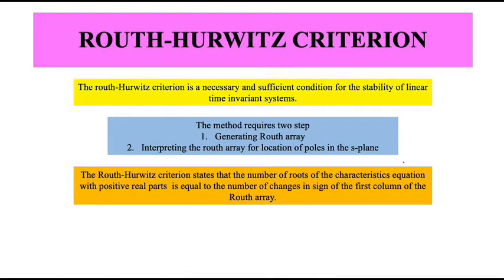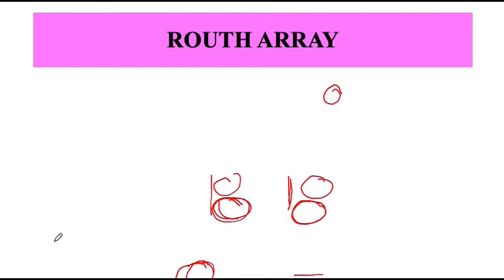Okay, so the last statement is this: the Routh Hurwitz criteria states that the number of roots of the characteristic equation with positive real part is equal to the number of changes in sign for the first row of the Routh array. So I will just go to the first row once.